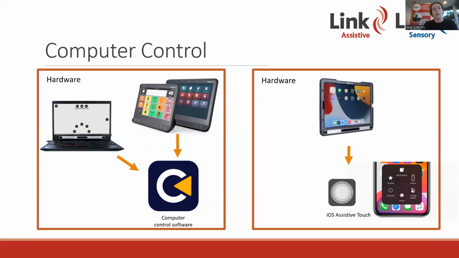So from an eye gaze access point of view, if you're using the iMobile 5, for example, or the PCI 5 on a standard Windows computer, or you're using the i13 dedicated device, these devices are running Windows 10. So with the computer control software, which is installed on these systems, you can essentially operate Windows the same way that you would if you were using a mouse or a touch screen.